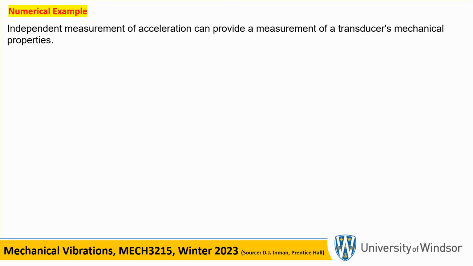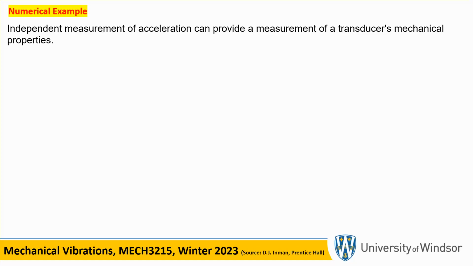First of all, let's say we have an accelerometer and we want to find its internal dynamic characteristics. What that means is we want to find its omega n and zeta, or we want to find its k and, for example, damping value.